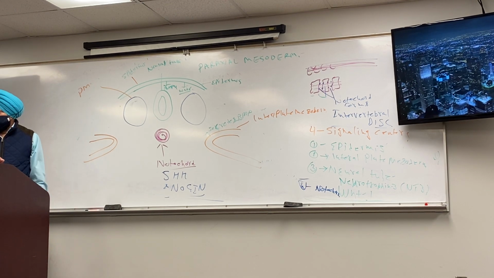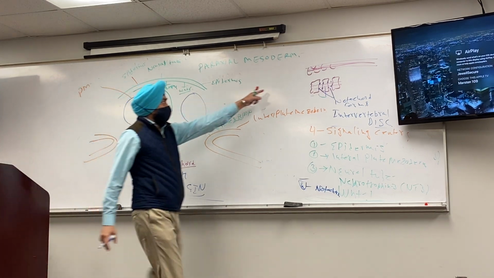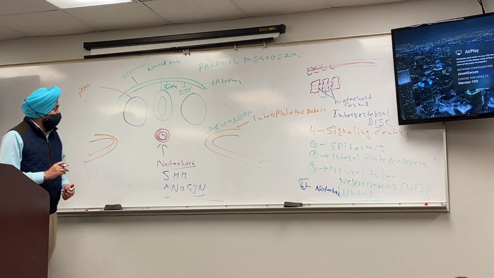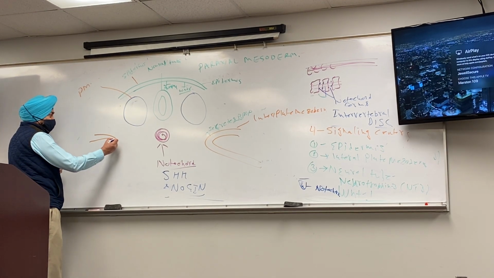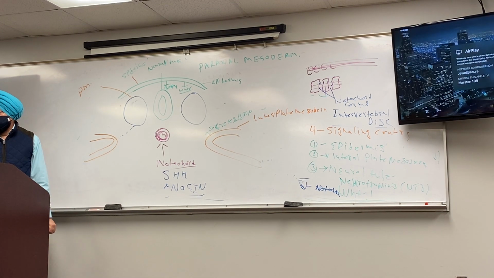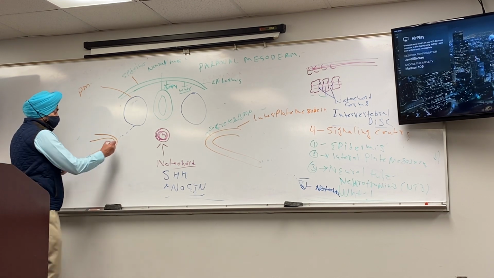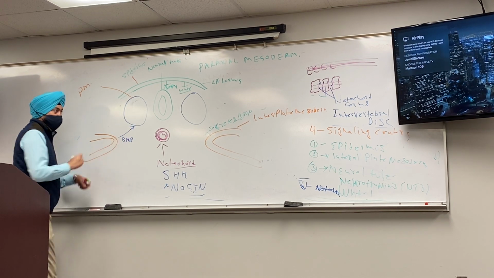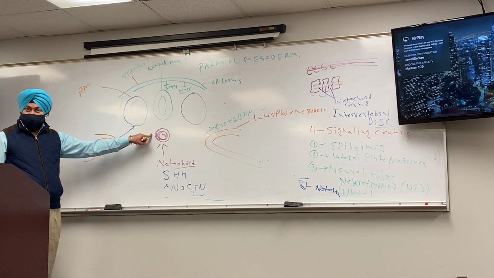Now, right here is your paraxial mesoderm. So this is a somite, right? So we're talking about one somite. Okay, so from here, what is happening? This is sending BMP. But you have a notochord here.